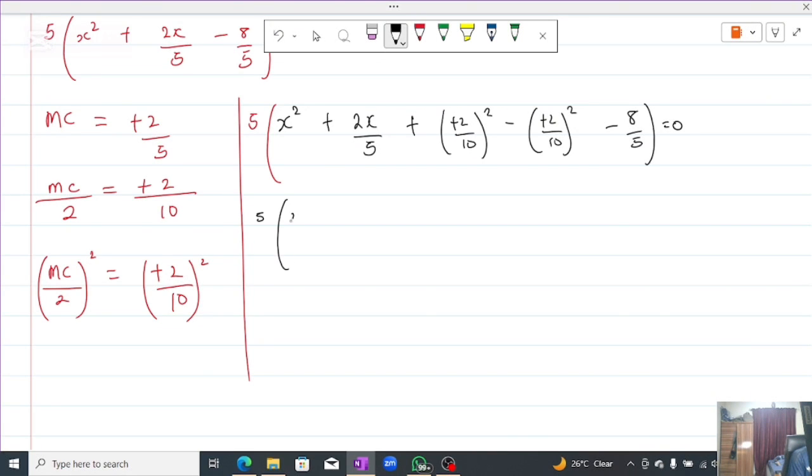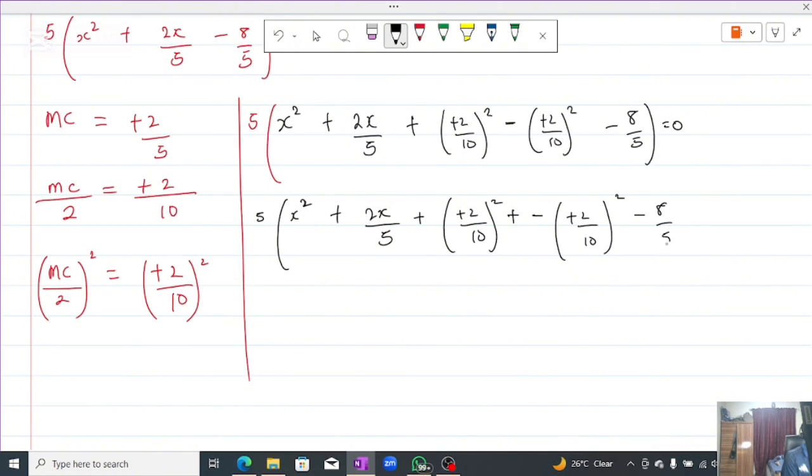Then 5 in bracket of x² + 2x/5 + (2/10)². Now remember that this is the owner of the minus, so I can say plus minus (2/10)² - 8/5 = 0.